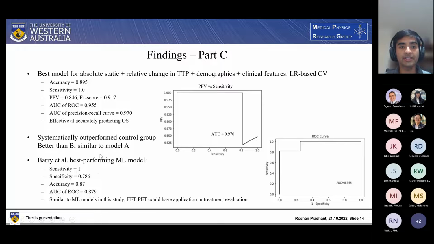So very similar sensitivity and accuracy as well. And in fact, the area under curve for all 3 models in this study were higher than the 0.879 found in this paper. And so the findings between both of these papers do corroborate with one another, and thus indicates that FET PET could have an application in treatment evaluation as well.